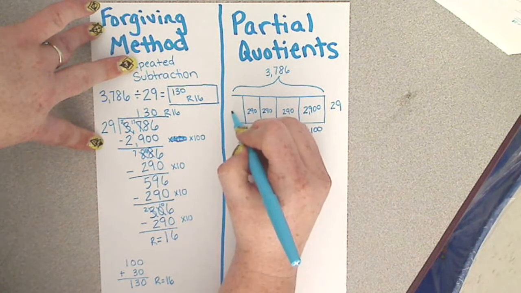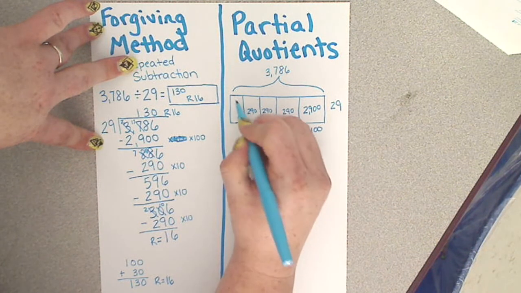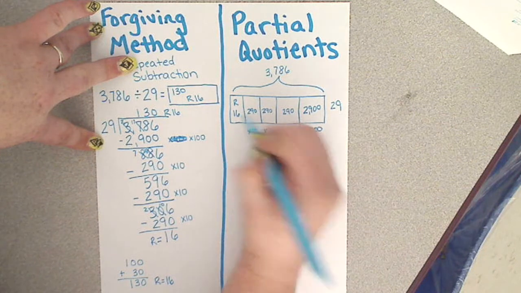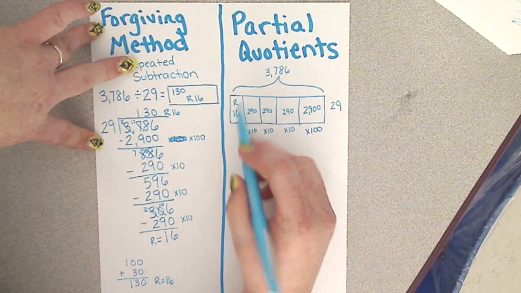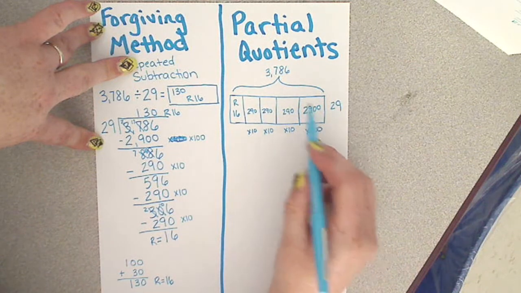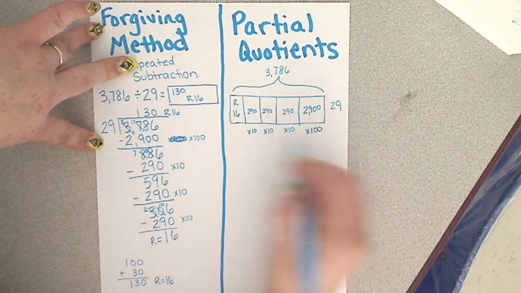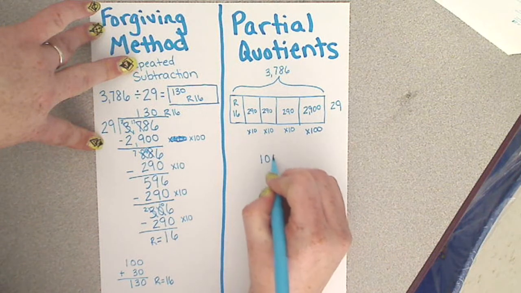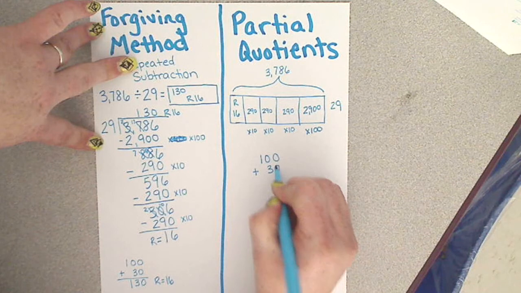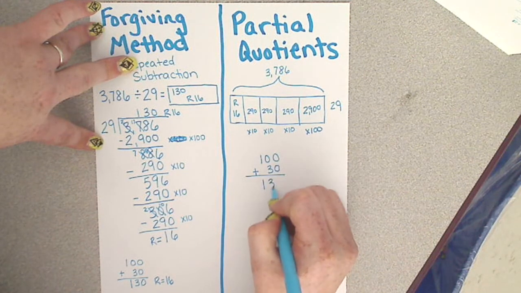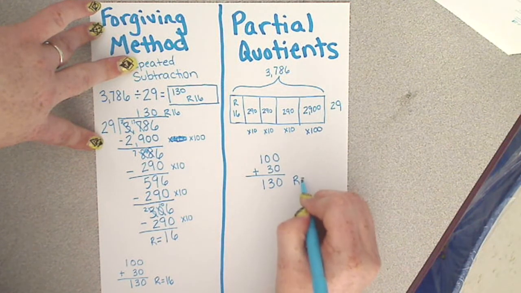And that left me with a remainder of 16. So this is just another visual that you can use. And then once again, you just add everything up. 100 plus 10, 20, 30. And bring down your remainder.